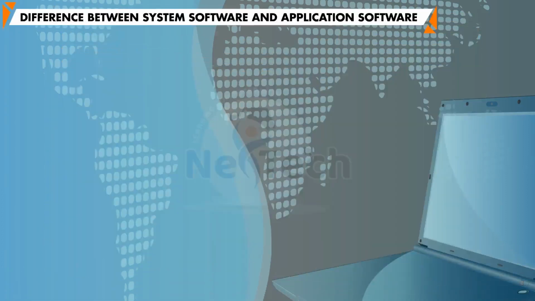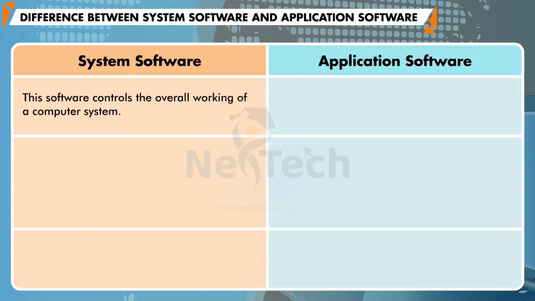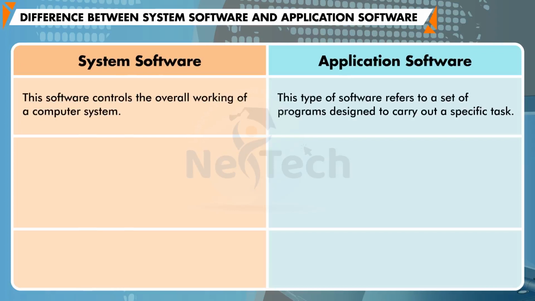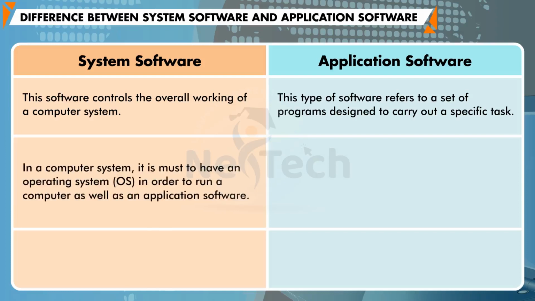Difference between system software and application software. System software: this software controls the overall working of a computer system. Application software: this type of software refers to a set of programs designed to carry out a specific task. In a computer system, it is a must to have an operating system in order to run a computer as well as an application software.